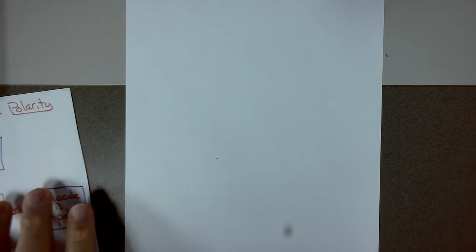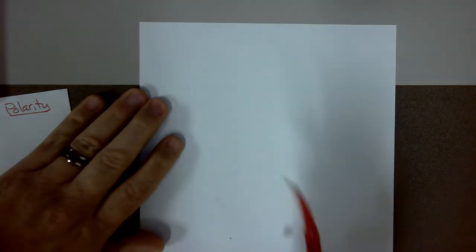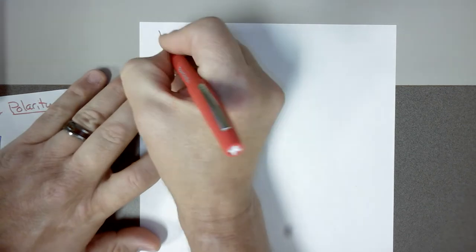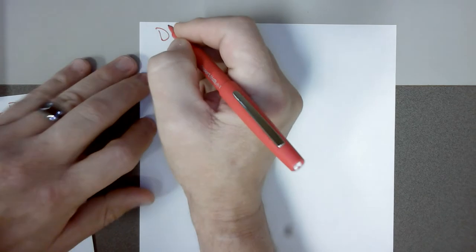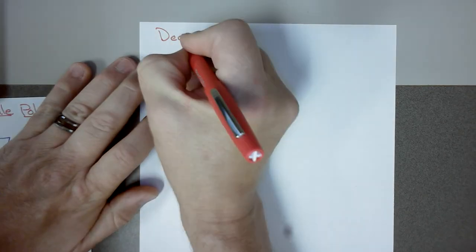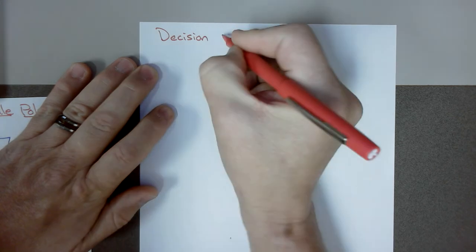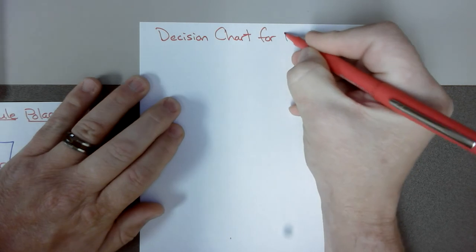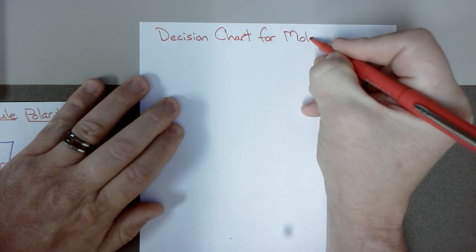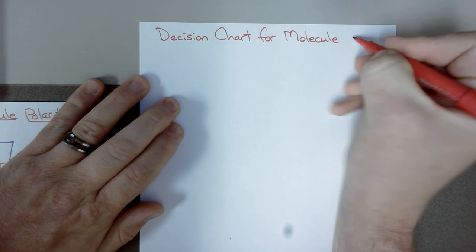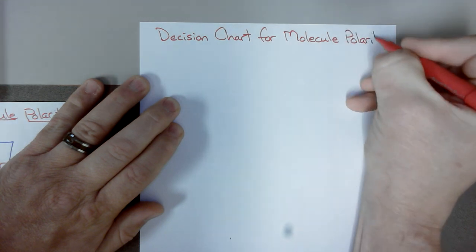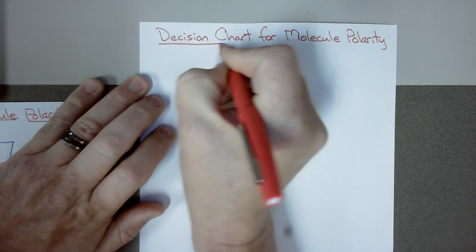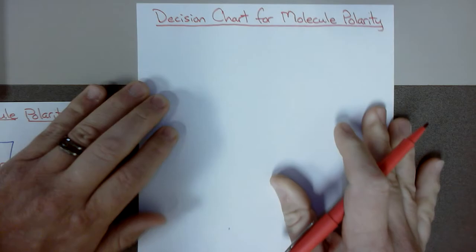So let's do a polarity chart or decision chart for molecular polarity. So here we go on a decision chart. First we start here.